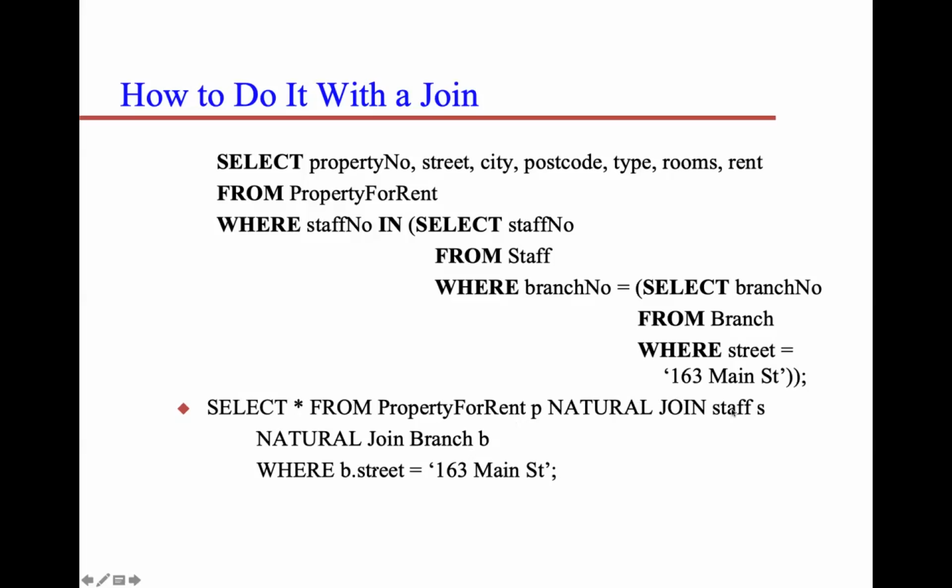That gives you all the staff that work at that one branch. And then you're natural joining those staff with any property for rent that matches one of those staff numbers. So you can do it with two natural joins as well, and you may have to look at that a little while to convince yourself that it's right, but it is.